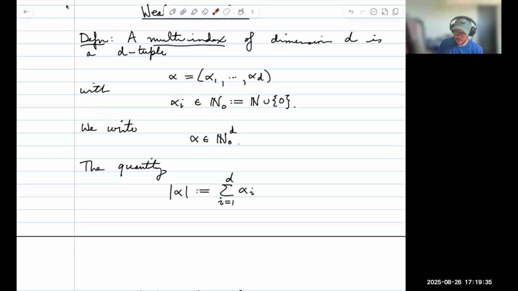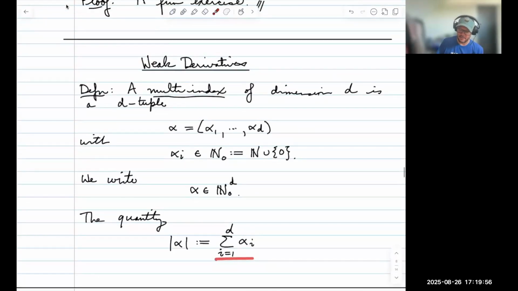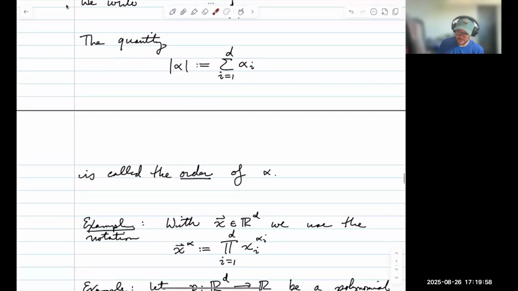The quantity where I take that multi-index and I put brackets around it, basically this looks like an absolute value, right? This quantity means that you take the entries of that multi-index and you just sum them up. That gives you a non-negative integer, because I'm summing non-negative integers. And this is called the order of alpha.